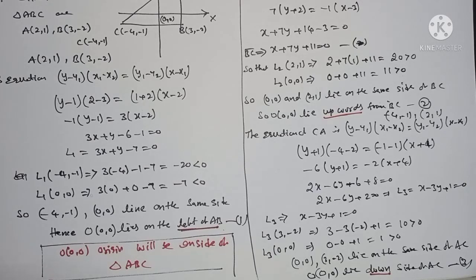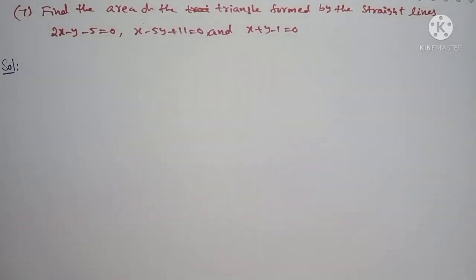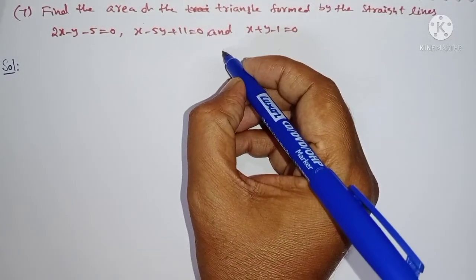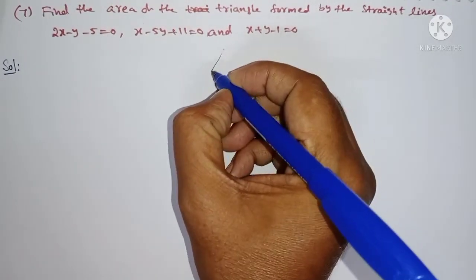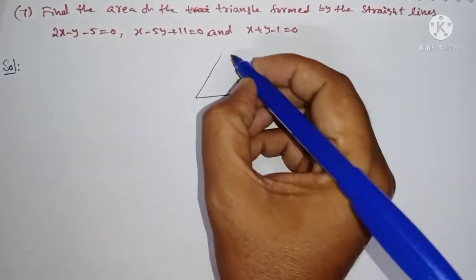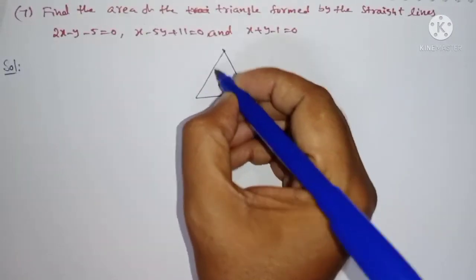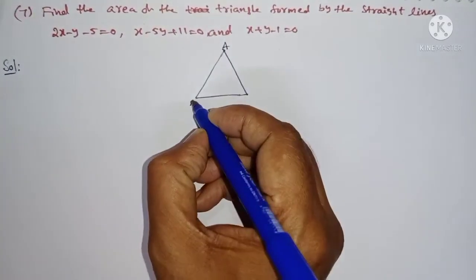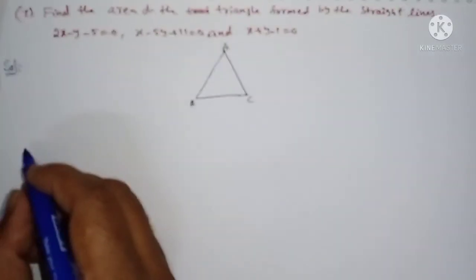Okay, the next question is the seventh problem. Find the area of the triangle formed by the straight lines. Triangle is given and 3 equations are given, for AB, BC, CA.